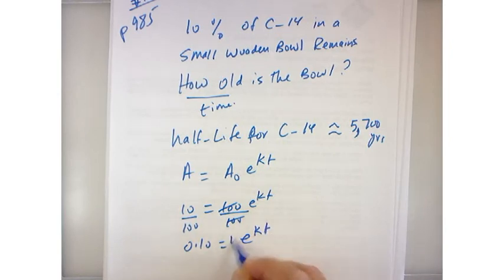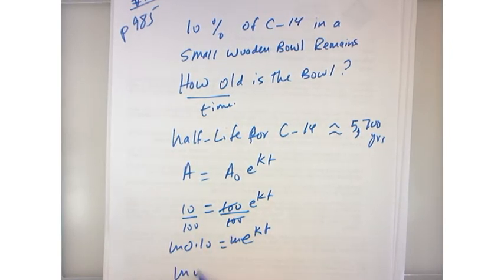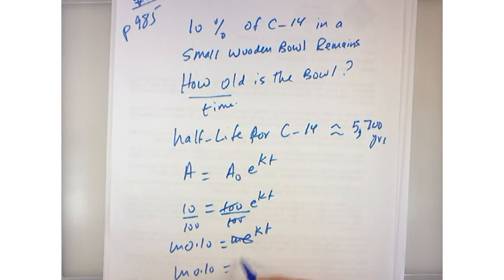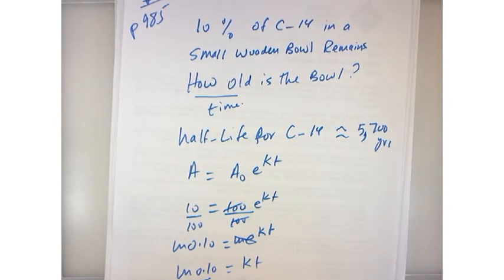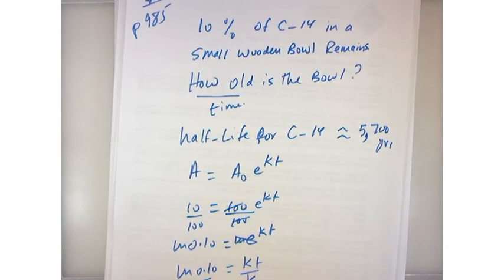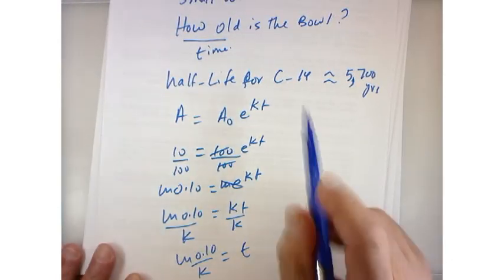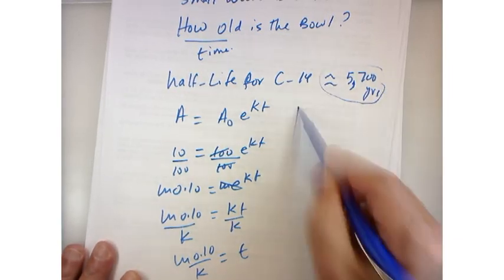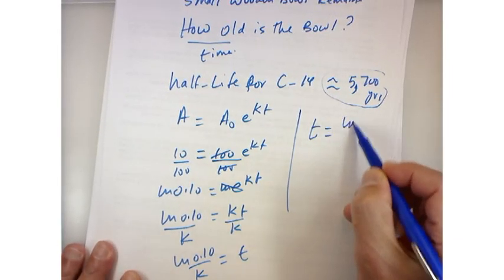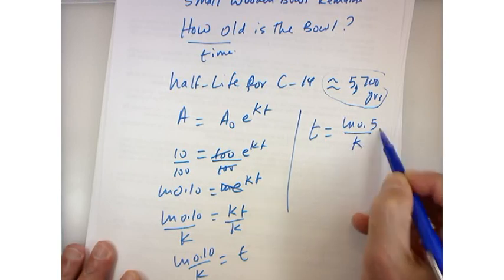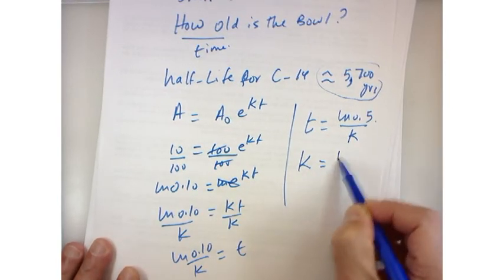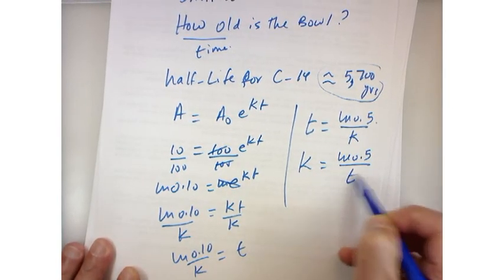If you do ln of 0.10 equals kt, so we need k. You can't find how old that ball is without k. In order to find k, we have the half-life. Remember, the half-life is ln of 0.5 over k, or k is ln of 0.5 over the half-life.